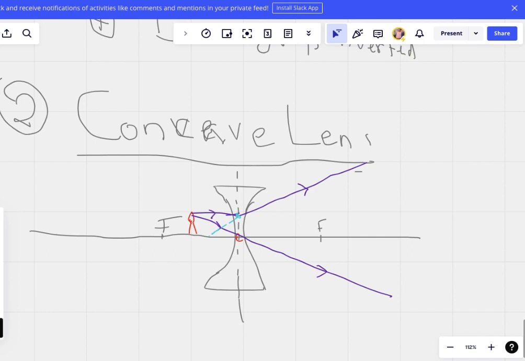Produce an image here. The image is virtual, so I'll use a broken line. So this is I, the image, and this is O, the object. So this is for a concave lens.